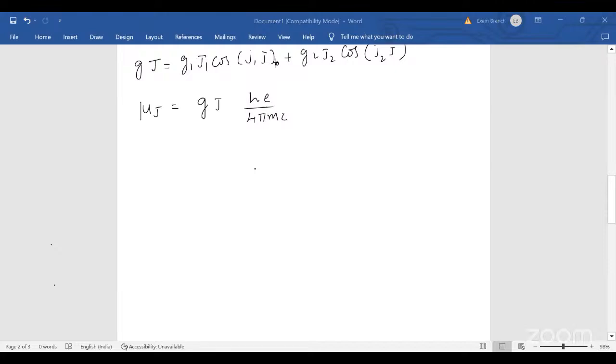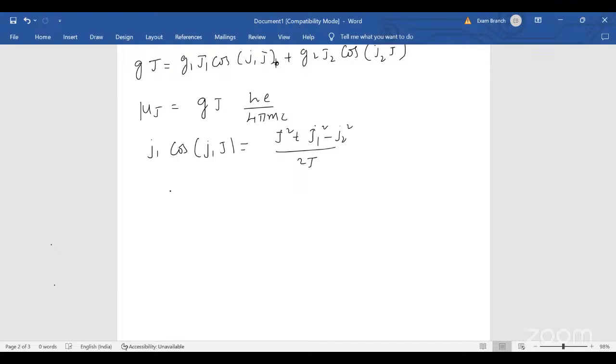So as we know that the angles between J1, J2 and J are constant, the cosine formulas are given by J1 cosine of J1J, which you are going to get as J square plus J1 square minus J2 square divided by 2J.